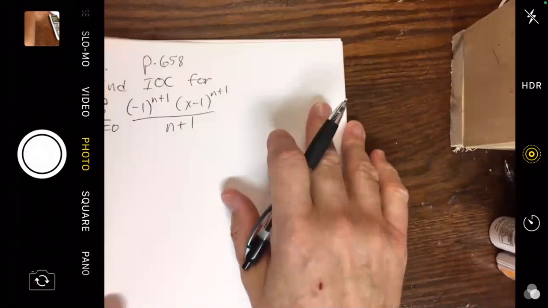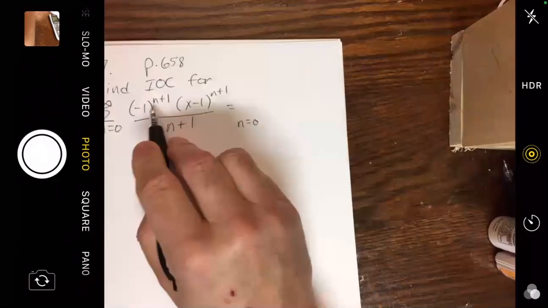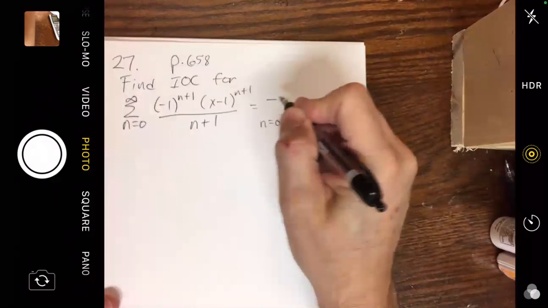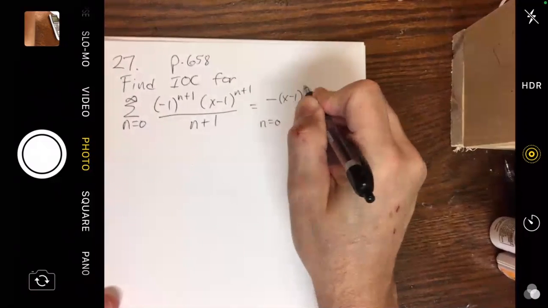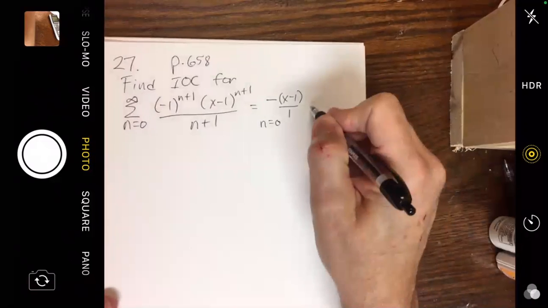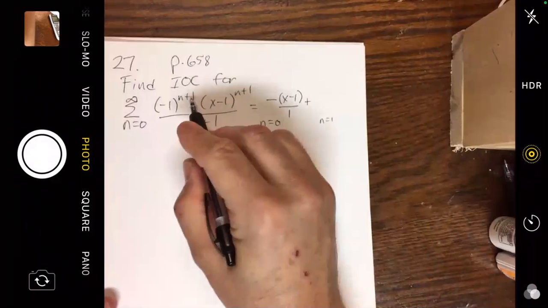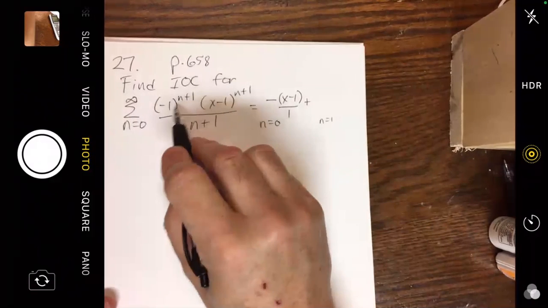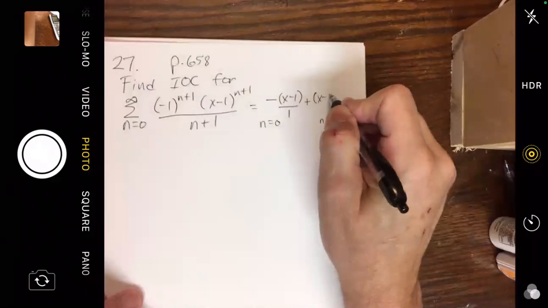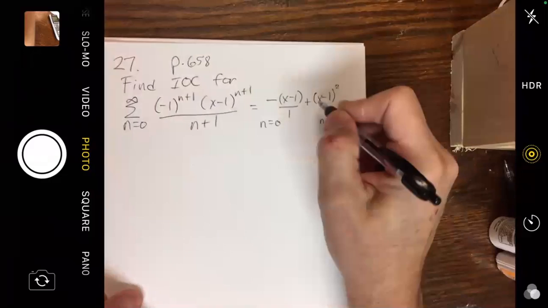All right, well, you just start with n equals 0. That's going to give you a negative. You have (x minus 1) to the 1 over 1. Then if n equals 1, that's going to give you a positive, because 1 plus 1 is 2, so (-1) squared, an even power, is positive: (x minus 1) squared over 2.